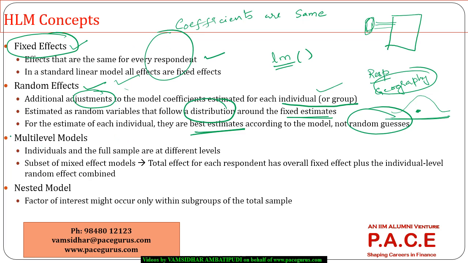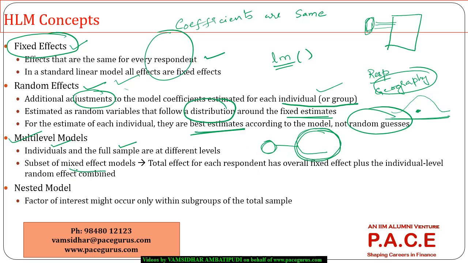And in some cases, we have something called multi-level models. The only thing here is that the individual as well as the full sample are at different levels. So first the full-sample work is done, and on top of whatever full-sample estimate comes out, the individual-level estimate is performed.